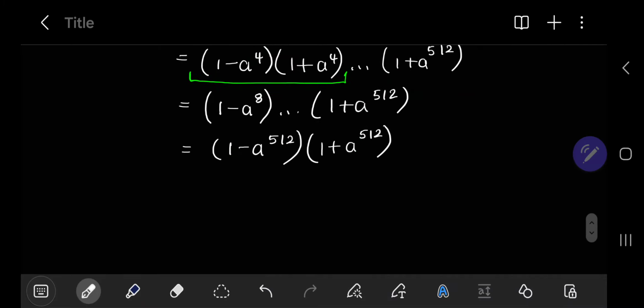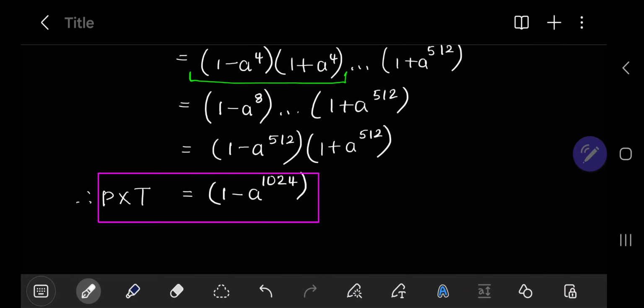And this would be the last time you have factors of difference of two squares, where these brackets would now be the factors of 1 minus a to the power 1024. And that is your final bracket. There's nothing left next to it. So this is what p times t is equal to. It's 1 minus a to the power 1024.